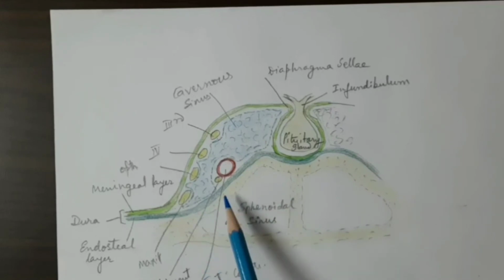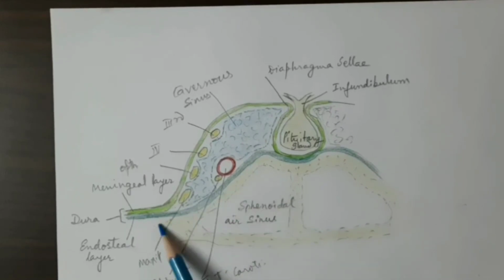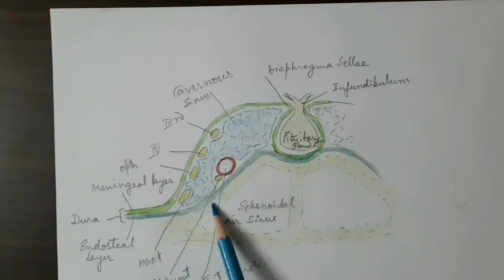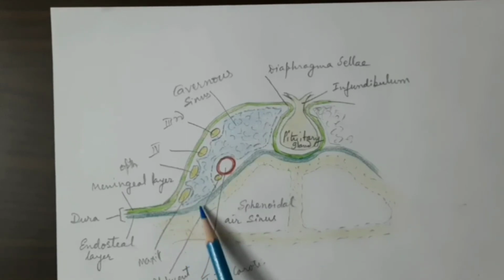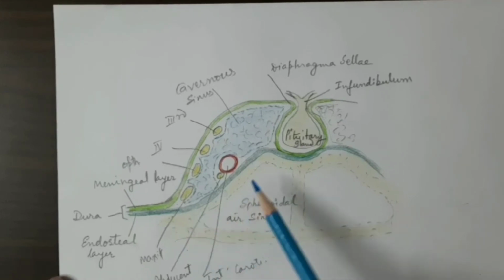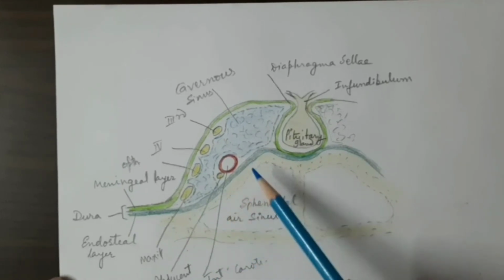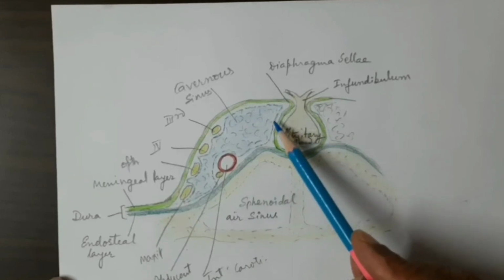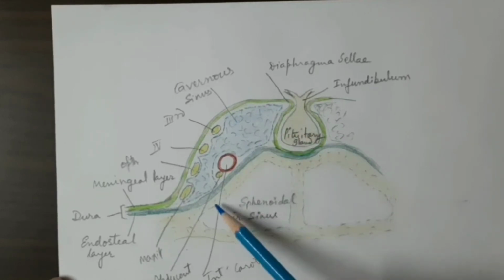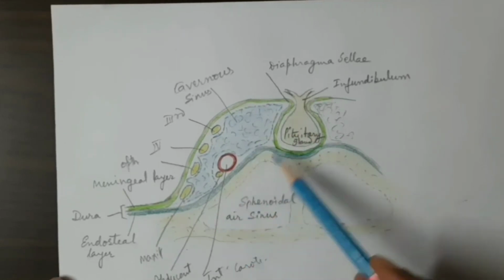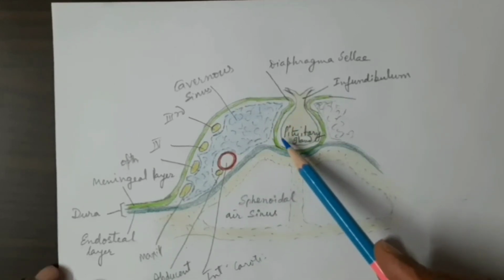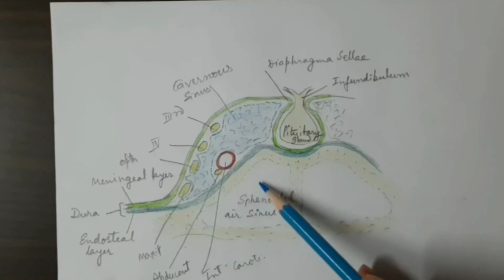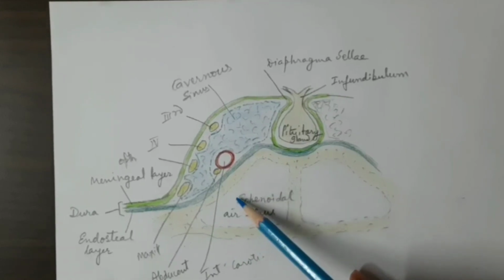If we see the inferior relation, it is the greater wing of the sphenoid. So the cavernous sinus on the floor is resting onto the greater wing of the sphenoid. Medially, above, it is in relation to the pituitary gland, and below it is the sphenoidal air sinus.